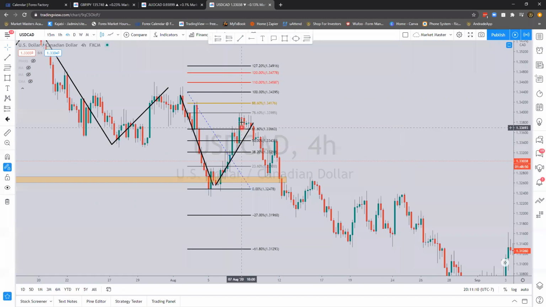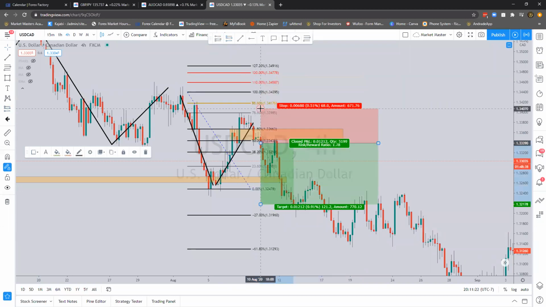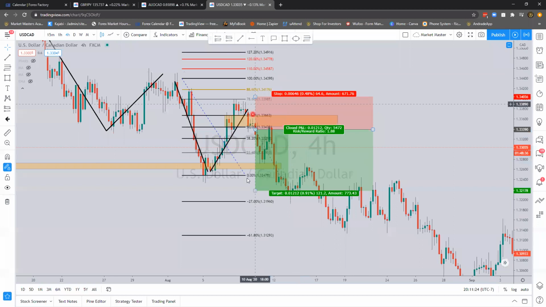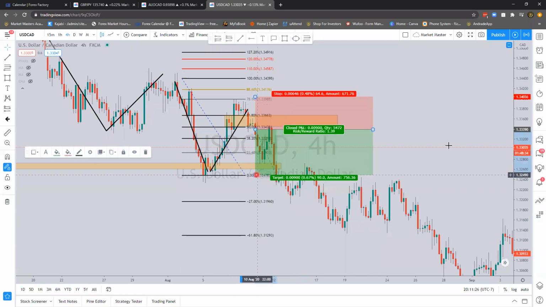This one passed the 61.8, but I still draw my box in between this area because you can still get in a sell when price breaks above. You get in for the sell when it drops below. Stop loss above here, take profit at the 0% area.